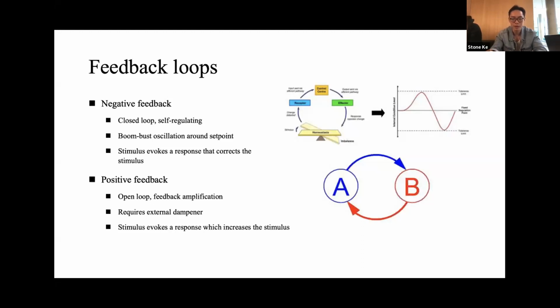It's an open loop because you'll have a stimulus that evokes a response, which in turn increases that original stimulus, which will increase that response, and it will loop on, with a bigger and bigger response and stimulus until you have an external thing to switch it off. The key thing is that with negative feedback, you don't need an external off switch. With positive feedback, you do. Next thing, Lawrence.